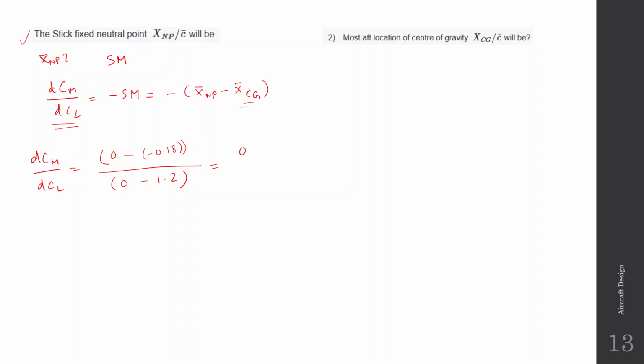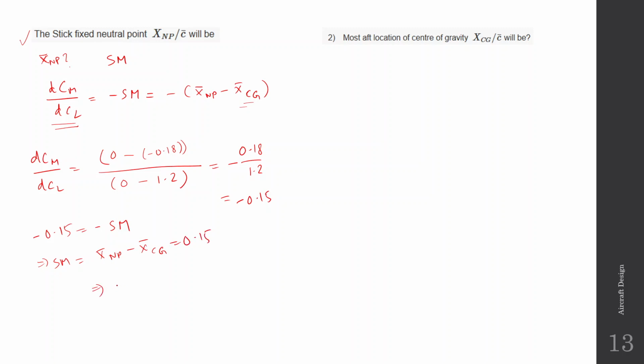So this is basically 0.18 by 1.2. No, wait, this is minus. So this is minus 0.15. So minus 0.15 is the negative of the static margin. So which means that static margin, which is xnp minus xcg, is 0.15.